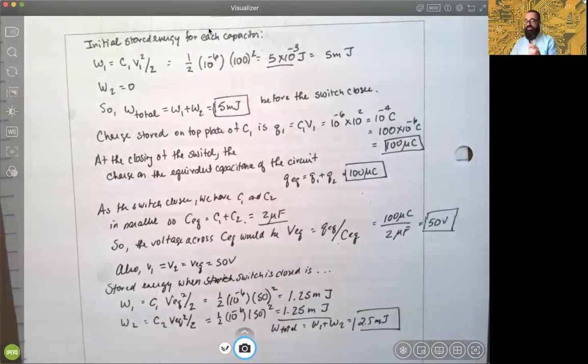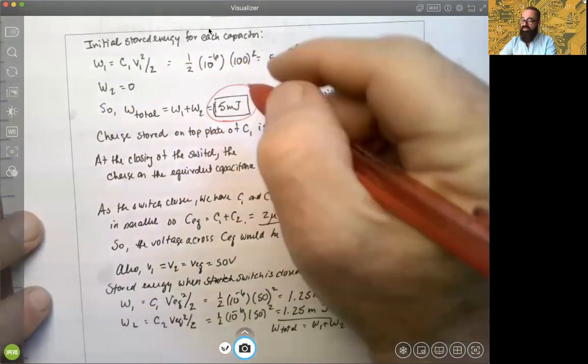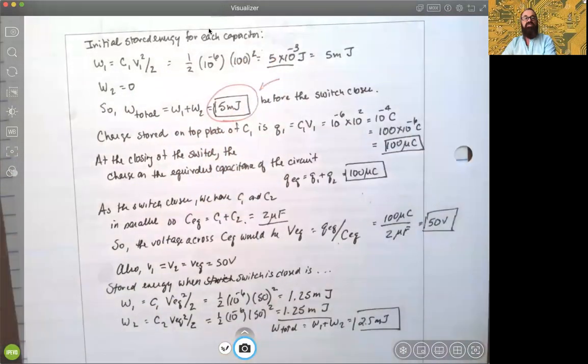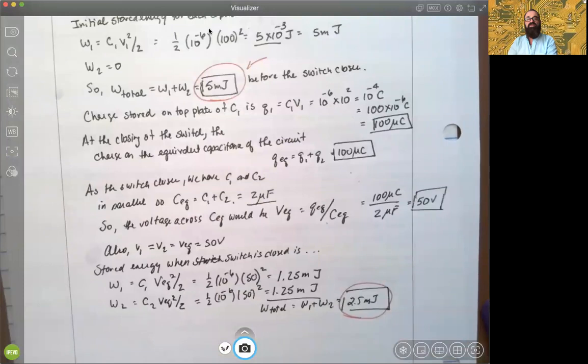Now, let's look very carefully. Before the switch was closed, there's your total energy. After the switch closes, that's what you have.